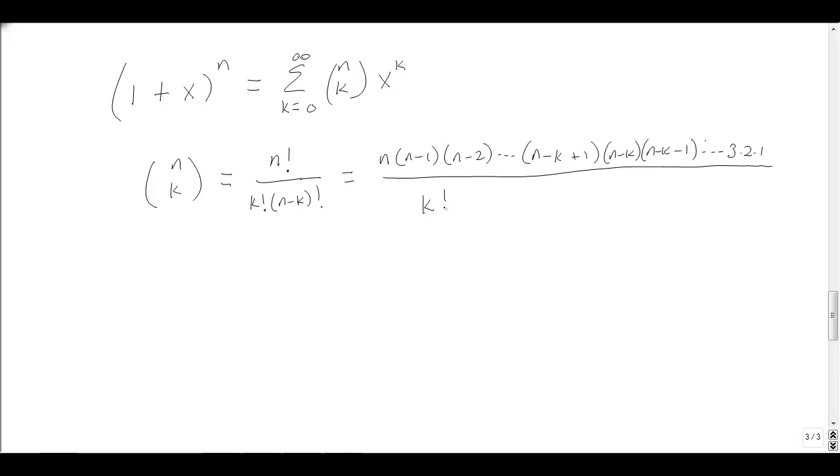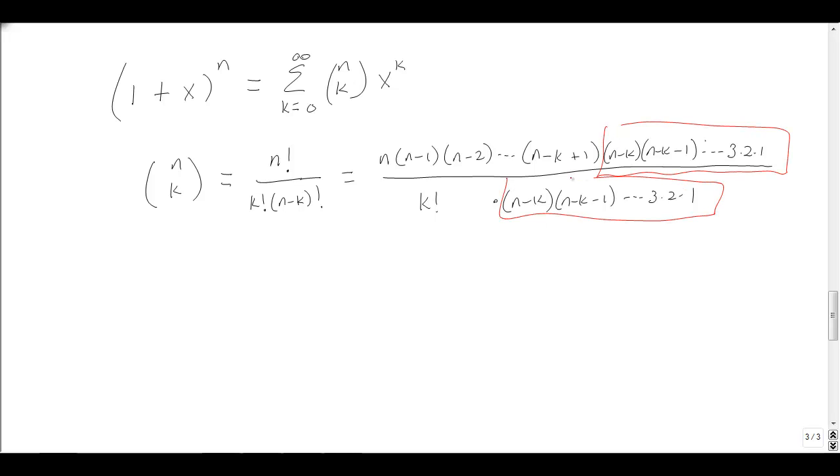And then we have a k factorial, which I'll leave as k factorial, because k is going to be positive and we can evaluate it. And then (n minus k) factorial is (n minus k) times (n minus k minus 1), and I keep going down until I get to 3 times 2 times 1. What you notice is that the last part of the n factorial matches my (n minus k) factorial, and so those will cancel out.